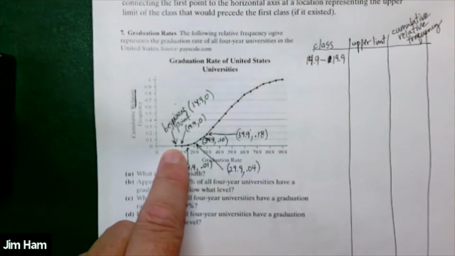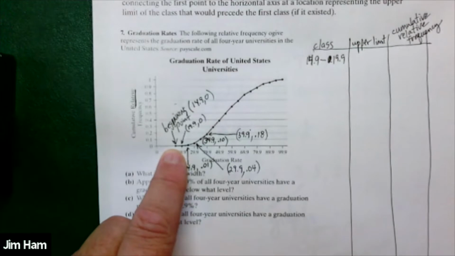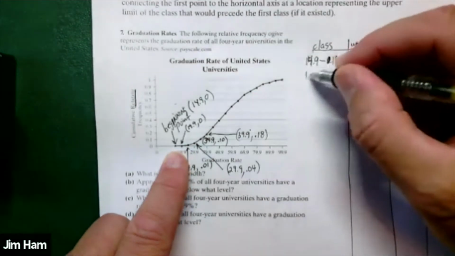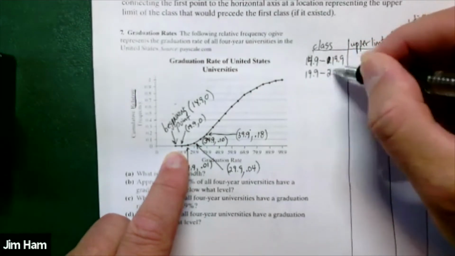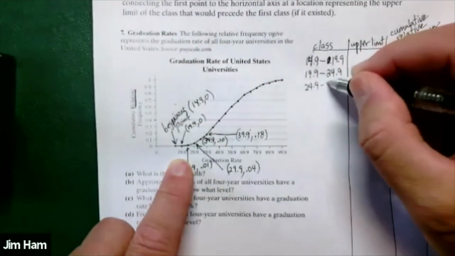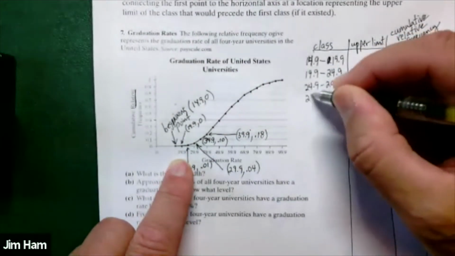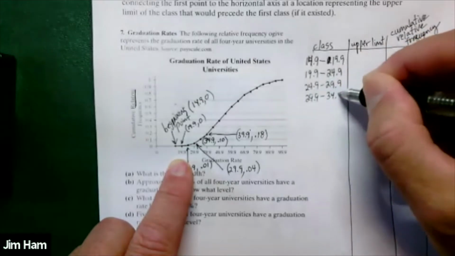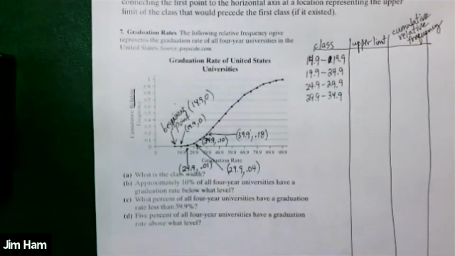So both the lower class limit and the upper class limit of the first class is identified there. And then the next one goes from 19.9 up to 24.9. The next one goes from 24.9 to 29.9, 29.9 to 34.9, and at some point you'll see the pattern there.